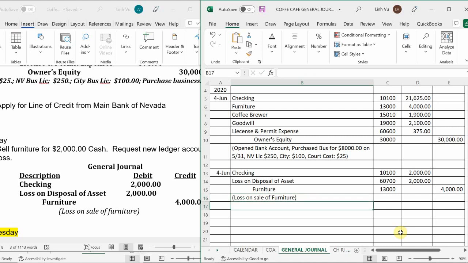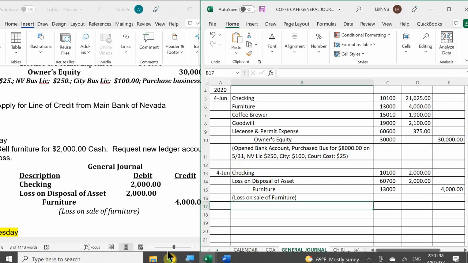Simple, right? Nothing else that you really need to say here just because you just lost money for selling furniture. Straightforward. Okay. So now that I have this, right, I need to go ahead and update my ledger.